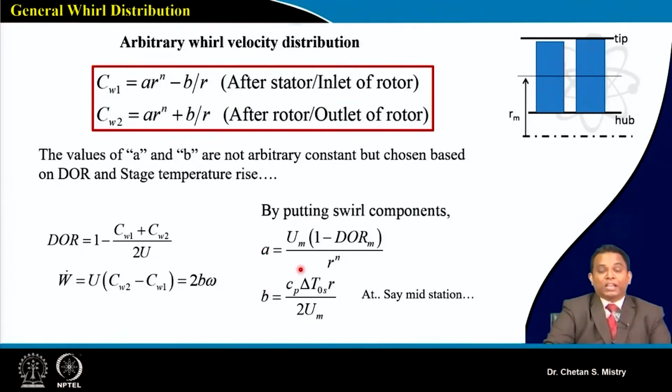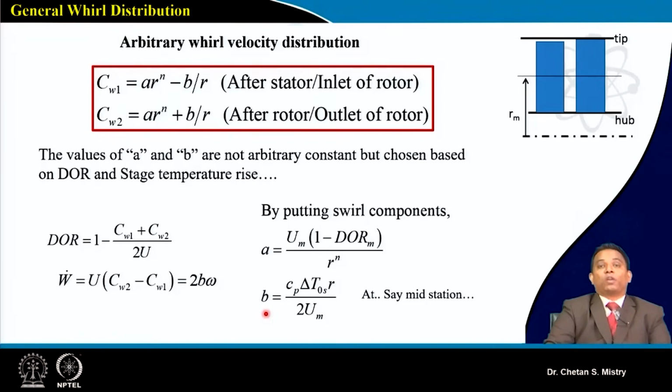As discussed in the last lecture, that is a function of radius. My A varies with radius, and B also varies with radius. It is also a function of the peripheral speed at the mid station. So conventionally, in the books we refer to, the calculation is done at the mid section, so the mid section calculation is very important.